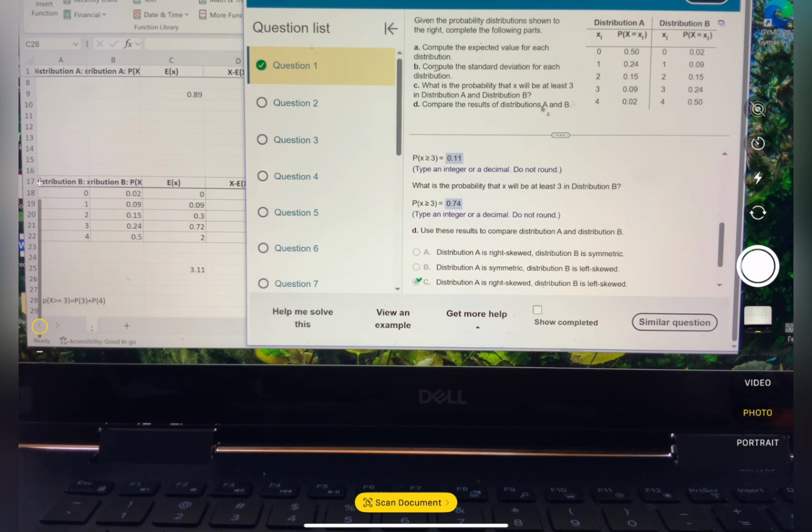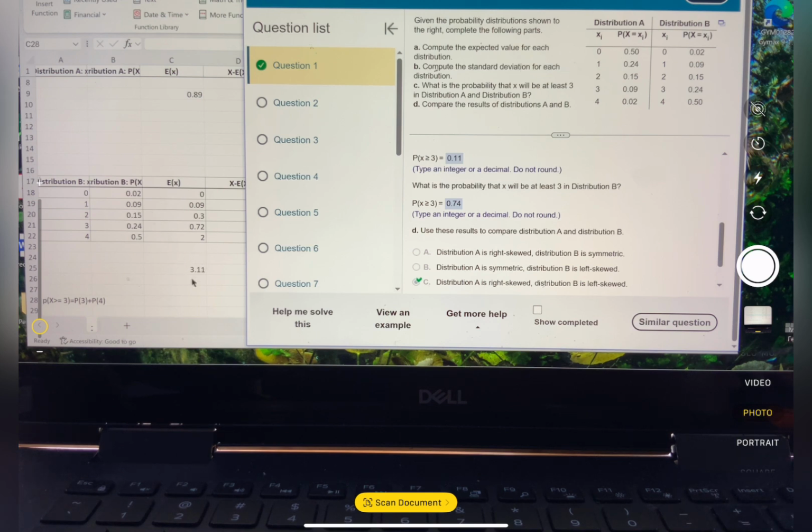Now let's go one more time. 0.89 is higher than these values, but they are around 0.89: 0.5, 0.24. They are not too far away, that's why it's towards the left, including the average. Average is also towards the left, less than 1. So it's going to the left. That's why distribution A is right skewed.